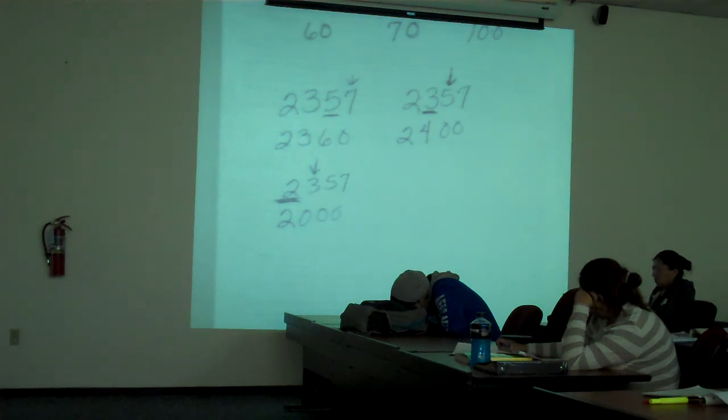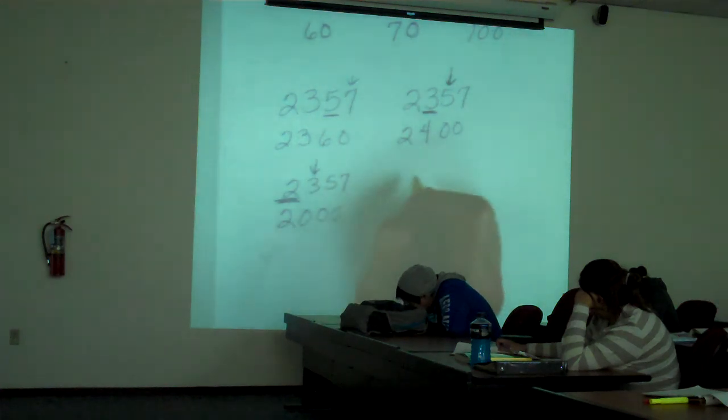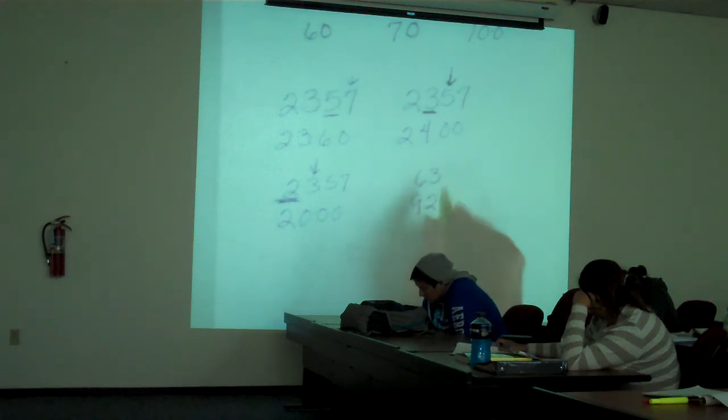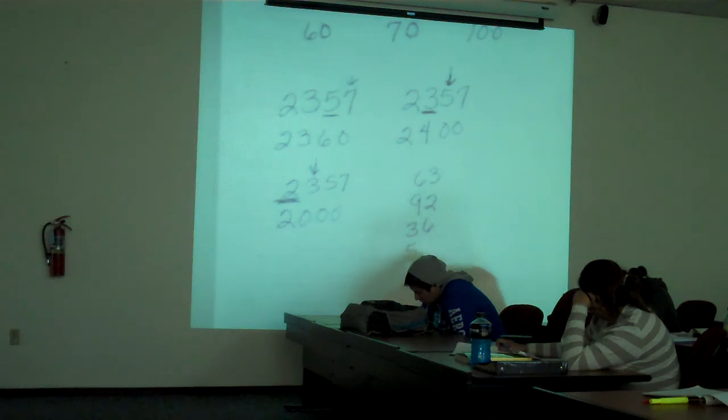Okay, it may tell you to estimate by rounding to the nearest 10, or estimate first by rounding to the nearest 100. So let's do a problem where we're going to estimate rounding to the nearest 10. Let's do 4 numbers here: 63, 92, 36, and 54.